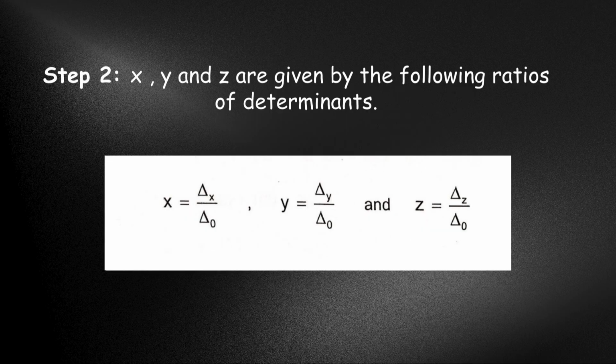Step 2. X, Y, and Z are given by the following ratios of determinants: X equals DX over D0, Y equals DY over D0, and last Z equals DZ over D0.